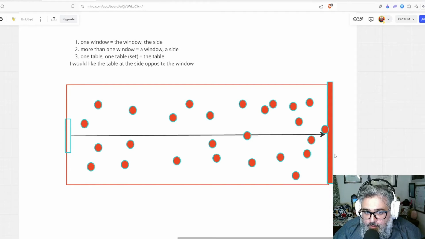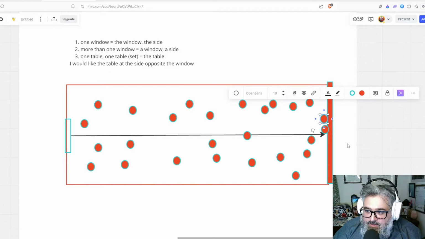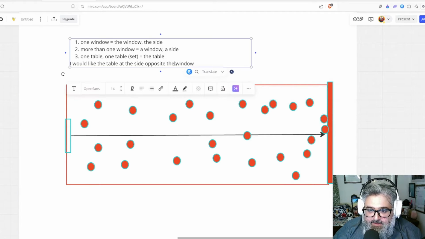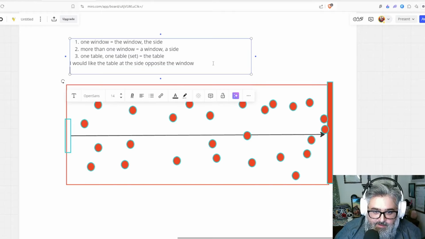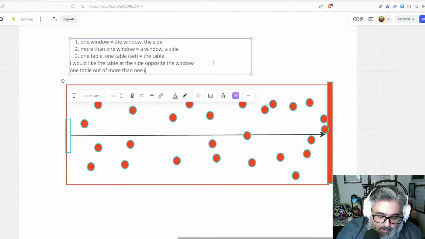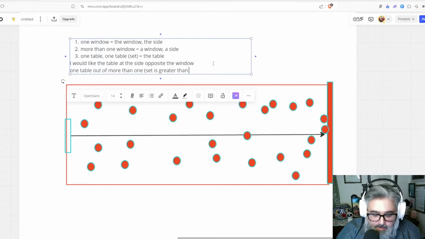Now, if there are more than one tables and he only needs one, so he doesn't want the entire set, he just wants one table out of more than one. So the set is greater than the selection.